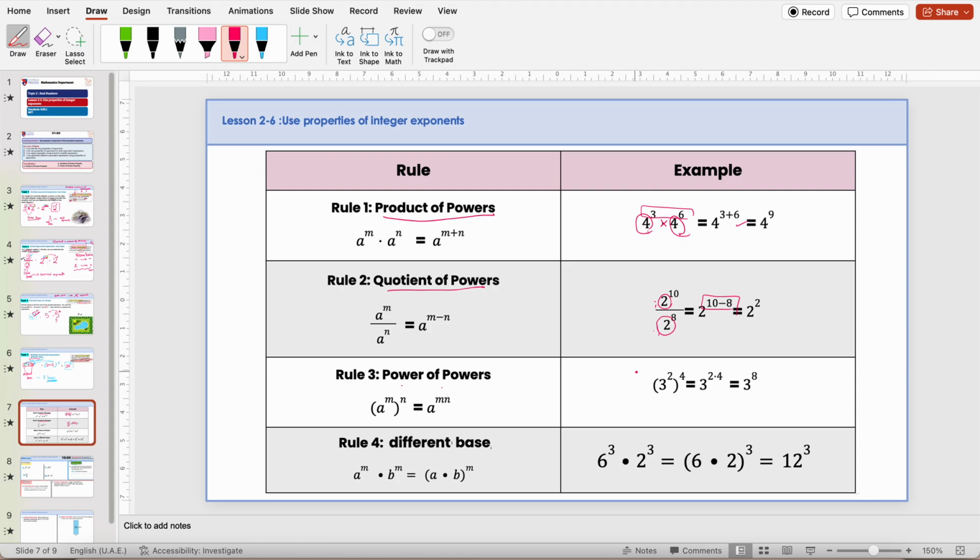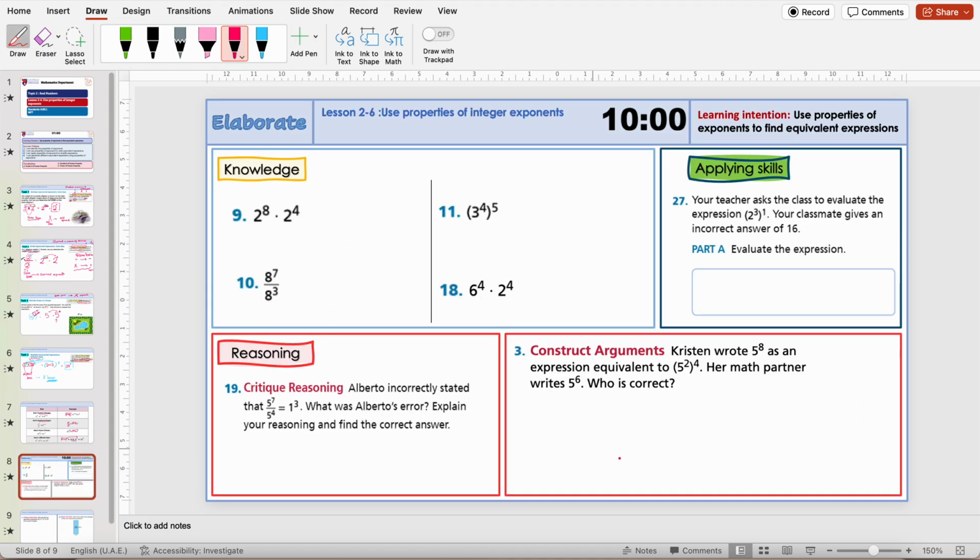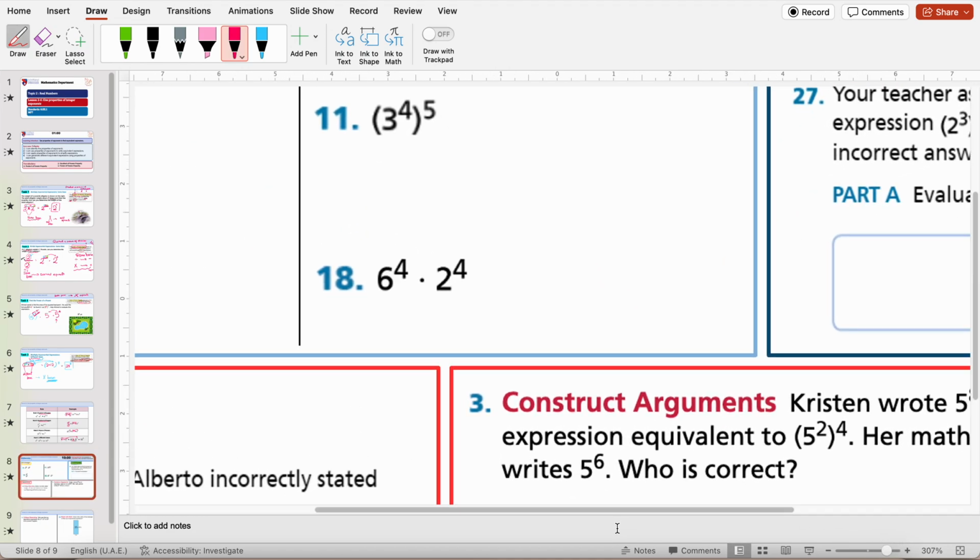I have power of power, then I have a base with 2 powers, just multiply the powers, multiply them. Now different base is basically 2 exponents, 2 powers with different base, but they have the same exponent. Write it out and multiply the bases. Okay, that's it. So here let's start with these.